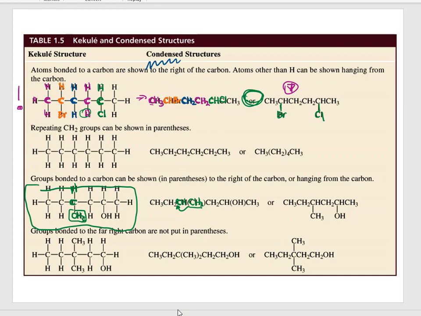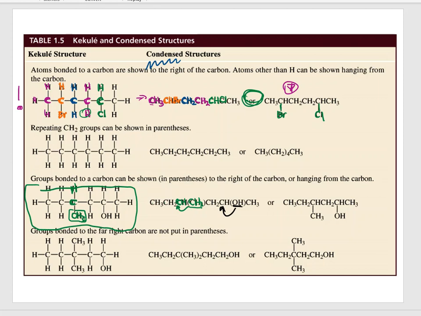All right, well, if I scan through the condensed structure, I'm also going to see an OH in parentheses. That OH means it's not part of the main chain, right? We don't really have issues with hydrogens, but all of these other weird, funny groups, we like to single those out when we can. So that parentheses means it's attached onto the previous carbon that was drawn in the main line.